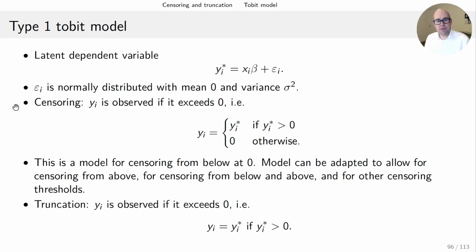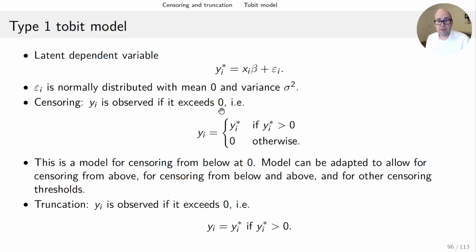Now, censoring means for this model that y_i star is observed as y_i if it is bigger than 0, for instance. It can be also bigger than other values. You can think of other observation rules, if it is in a certain interval, etc., etc. That is not essential here.